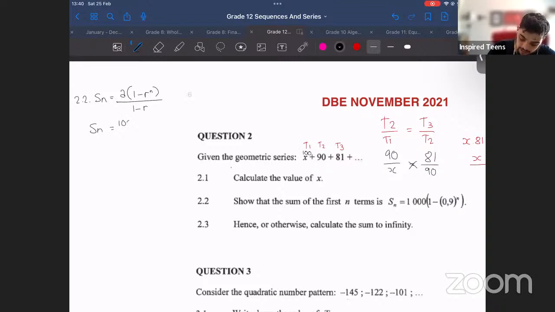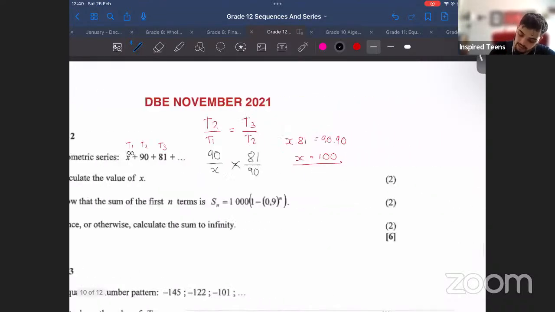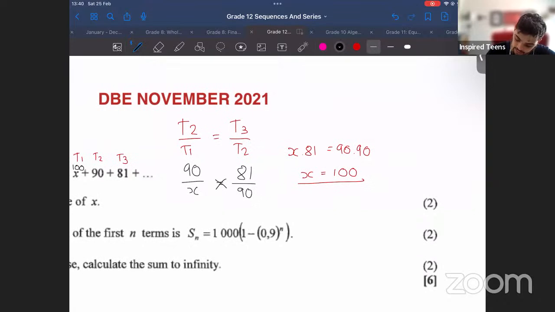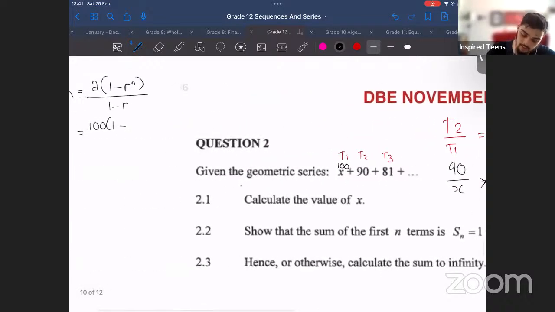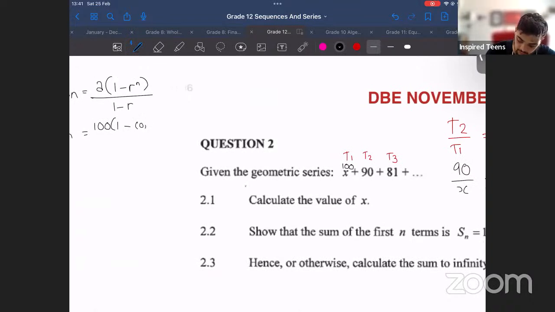So 100 into 1 minus, did we calculate r? Well, we technically didn't, but we can simply say T2 over T1, which is equal to 90 over 100. You can leave that as 9 over 10. Alternatively, because they have a decimal in the question, I'm going to convert this to 0.9 and then make it 0.9 to the power of n.